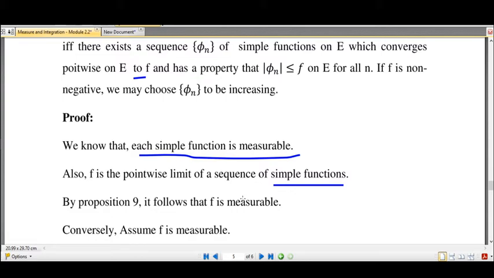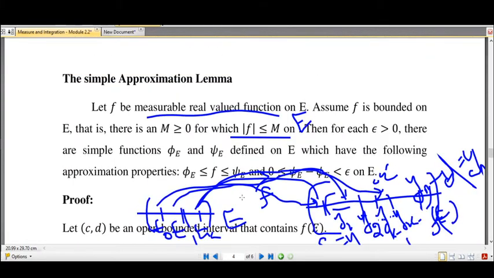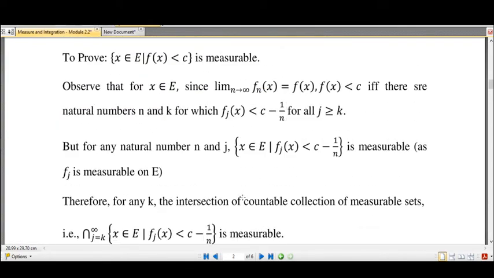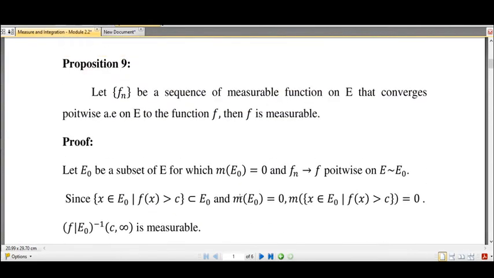Already we proved in proposition 9 that if f n is a sequence of measurable functions on E that converges pointwise almost everywhere to the function f, then that function f is a measurable function.